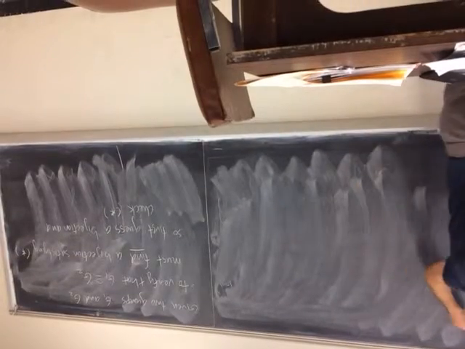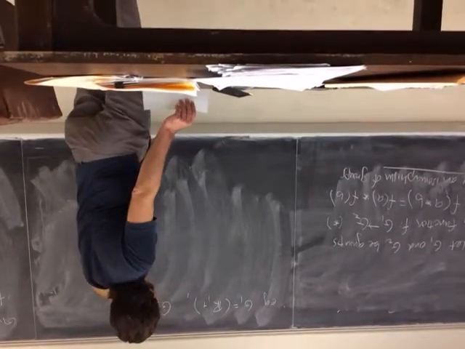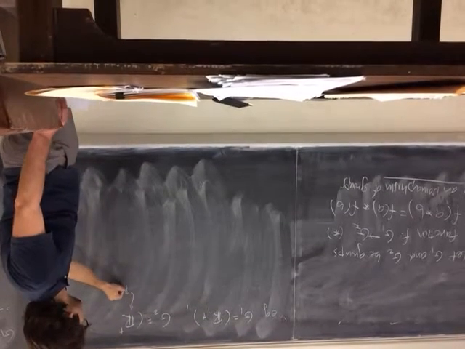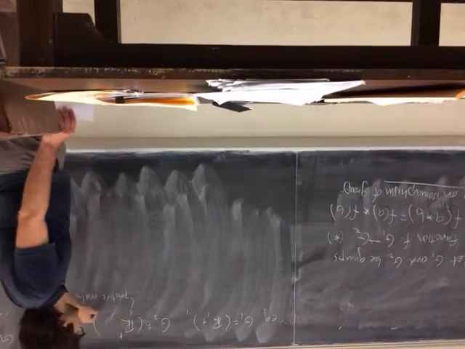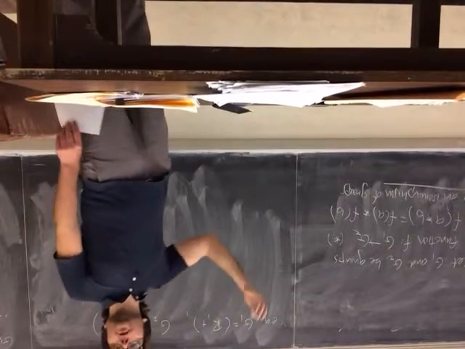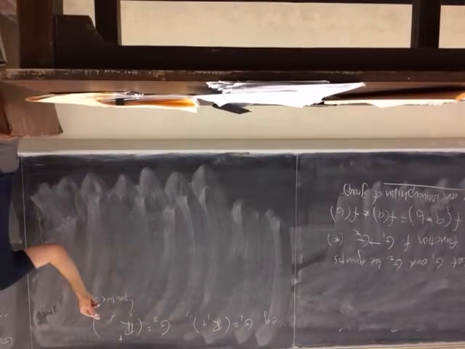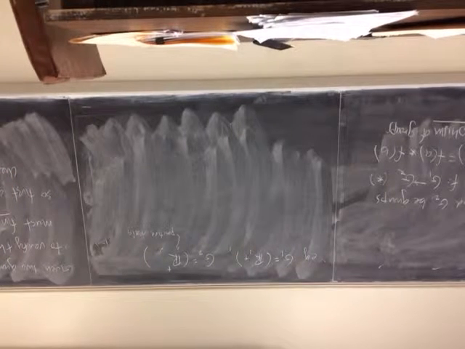G1 is, let's say, the real numbers with addition, and G2 is the positive real numbers under multiplication. All right, those are groups, right? Of course, the real numbers under addition is a group with 0 as the identity. The positive real numbers with multiplication are a group with 1 as the identity. The inverse of 6 is 1/6. The inverse of pi is 1 over pi.